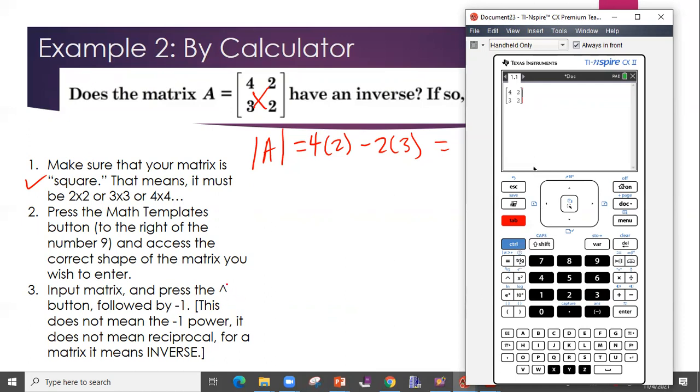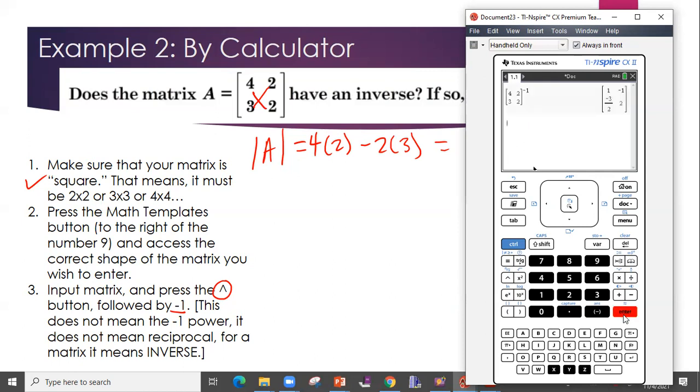Step 3, you're going to press the caret button. This little guy is right underneath the equal sign and it should create a little tiny box. Are you outside the matrix? All right. Are we all here? In that little tiny box, you're going to type in -1.